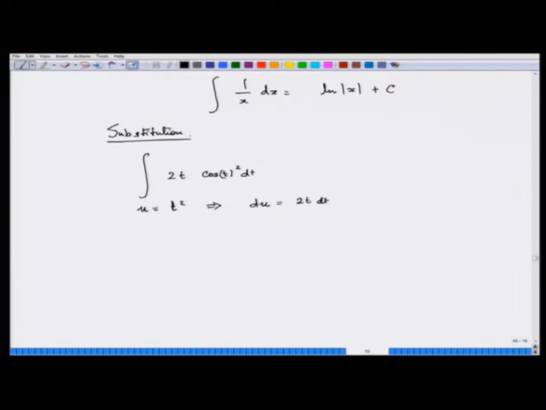So you see 2t dt. What was t square here? t square was u. So this becomes the integral of cos u du, which is nothing but sin u plus c. Now you put back u is equal to t square, so it will give you back sin t square plus c.